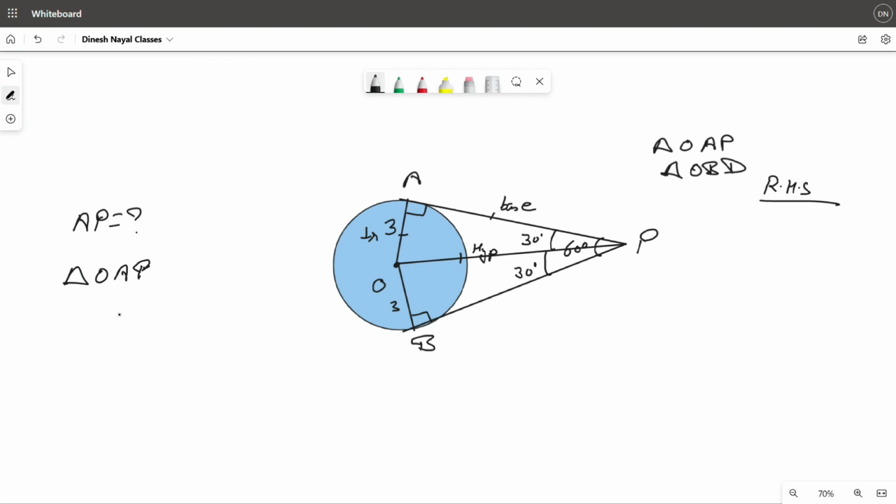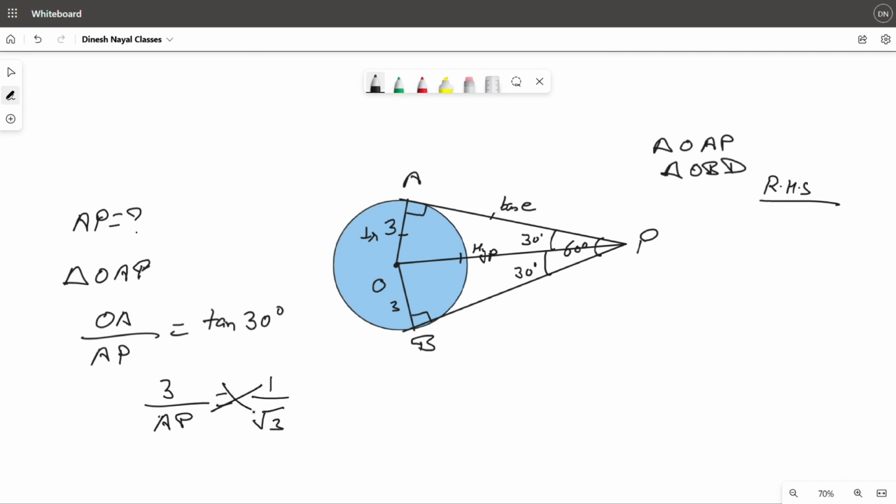So using the formula, perpendicular by base equals tan theta. So OA by AP equals tan theta, and theta is 30 degree, so this is tan 30 degree. Now we know that OA is 3 and we have to find AP. Tan 30 degree is 1 by root 3.